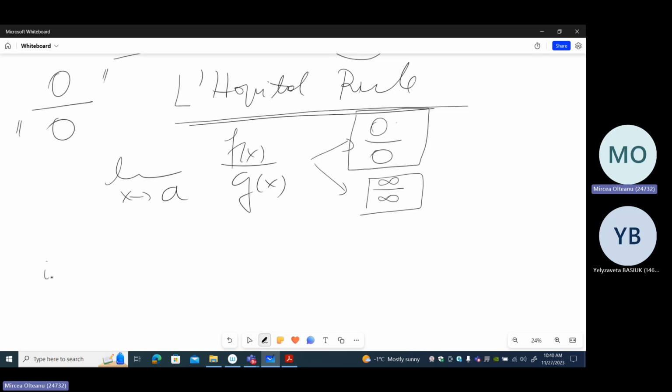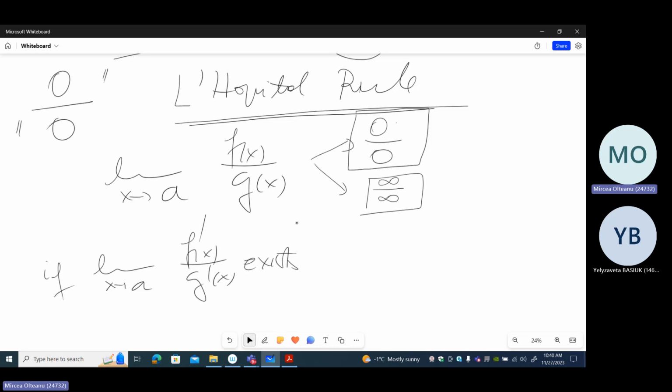Look, it says the following. If the limit of the derivatives, so if the limit of f prime over g prime exists, for example, it may not exist because the limit from the left and the limit from the right could be different.